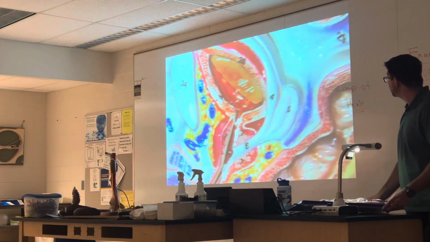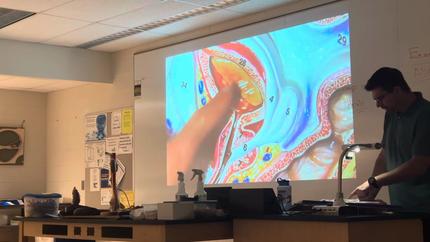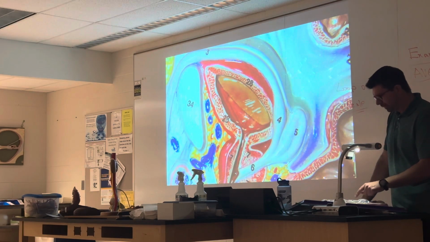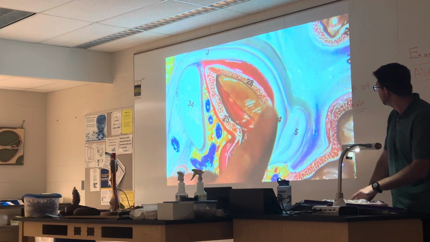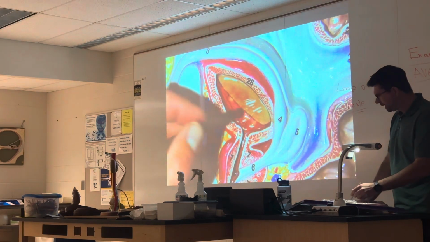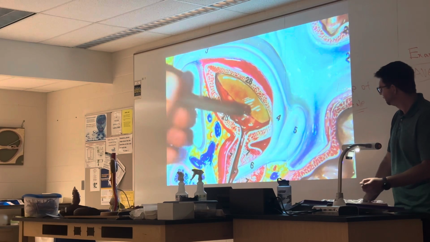So, looking now at the male's urethra and bladder, here is the urinary bladder of the male. And the lining here would be your detrusor muscle. Right in here would be your trigon, so trigon.